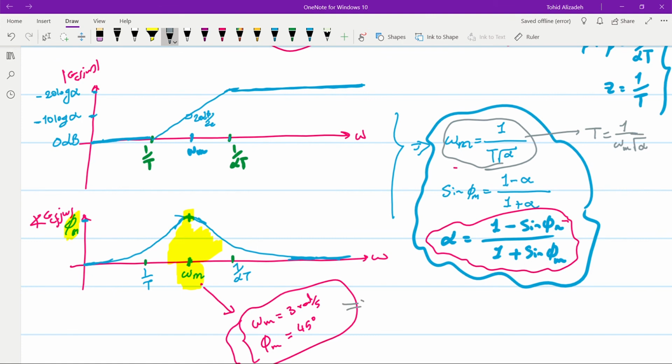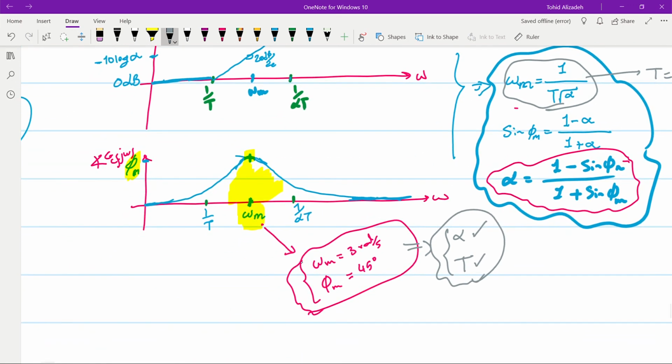So out of this, you will have the values for alpha and t, and as a result, your controller will be designed. So the important thing here is to pick a proper value for omega m and phi m such that you satisfy the requirements that you are supposed to do, okay? And once you find them, you will be able to find the proper values for alpha and t. In the example, we will see how to do this.